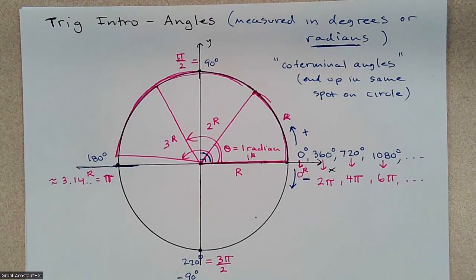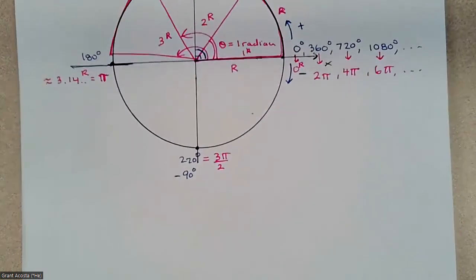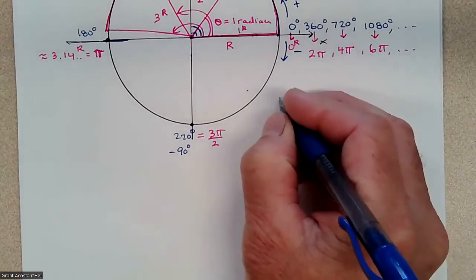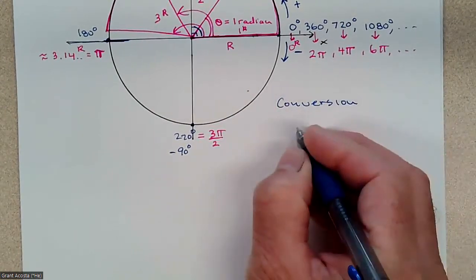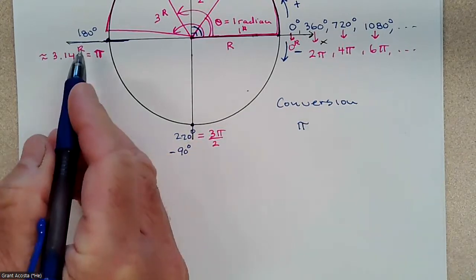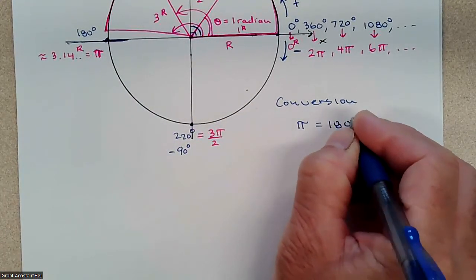Okay, so one of the skills you want to be able to do is be able to convert back and forth between degrees and radians. So let's move this up. And our big conversion, I'm going to put conversion here, is we know that pi from up here is the same as 180 degrees.